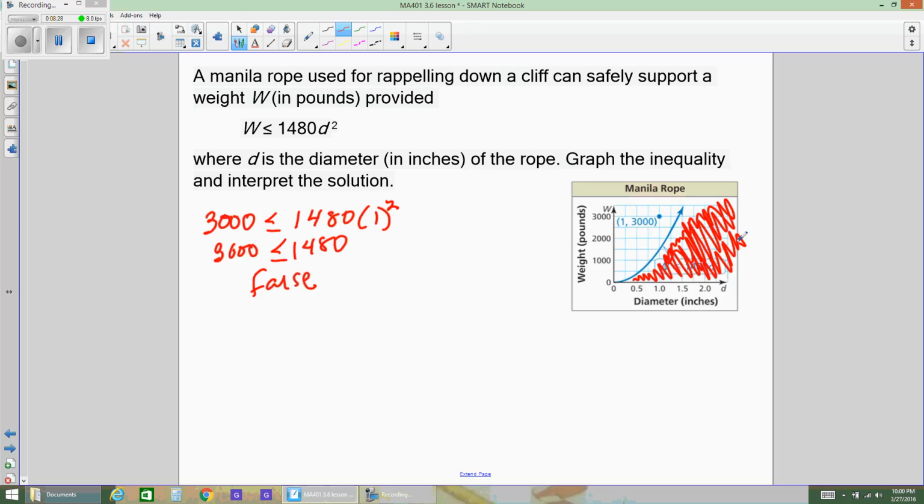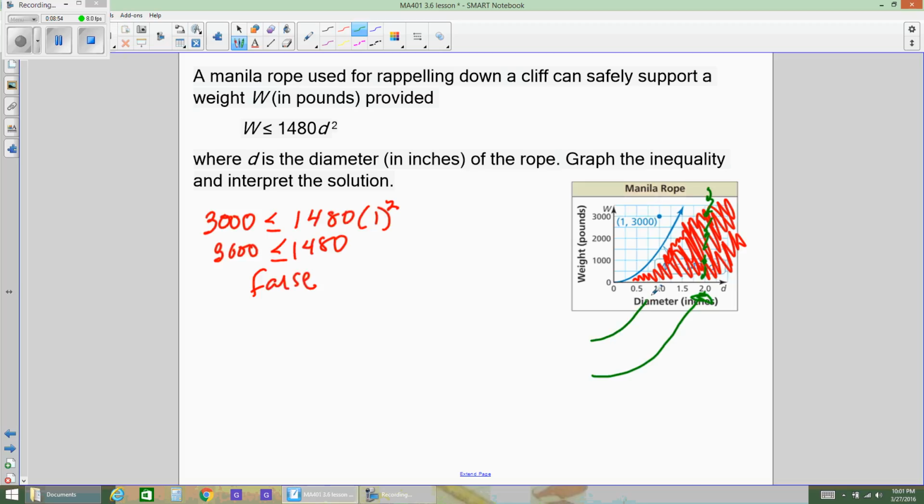Well, that's the area, or the solution set, that is true, that is allowable for the rope. So let's go ahead and think about this. If we have a rope that is 2 inches in diameter, any of these weights, all the way up to the function, are allowed. So we can't see our function, so let's try this one instead.